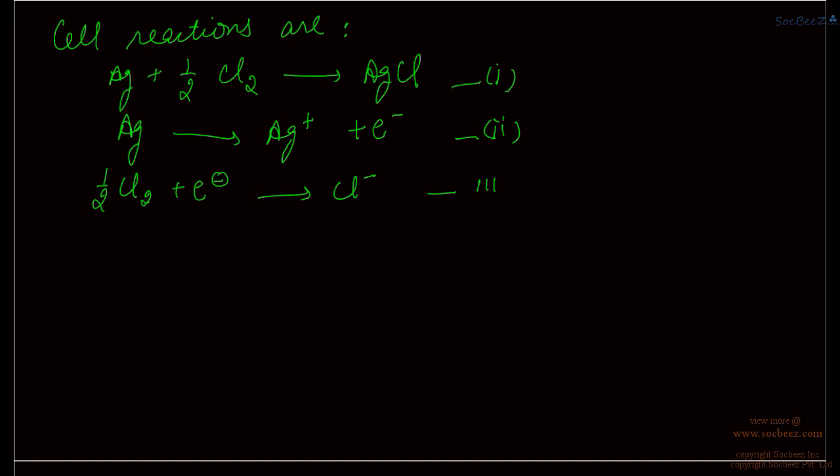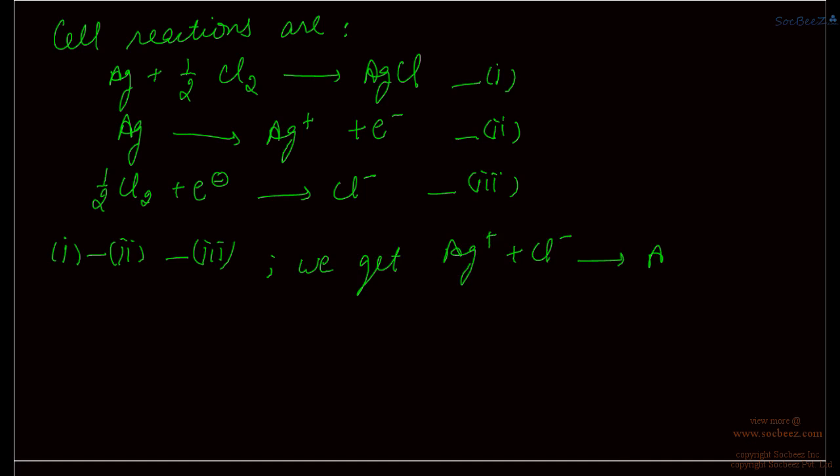And half Cl2 plus electron gives us Cl negative. This is the third reaction. Now if we do the operation first minus second minus third, we subtract second and third from the first, we get the reaction Ag positive plus Cl negative giving us AgCl.